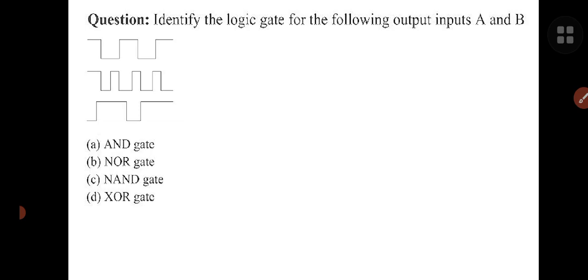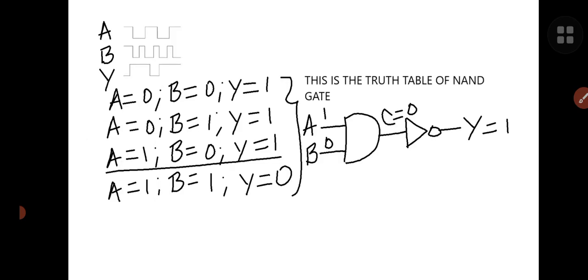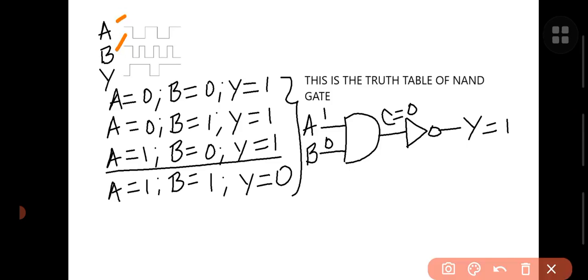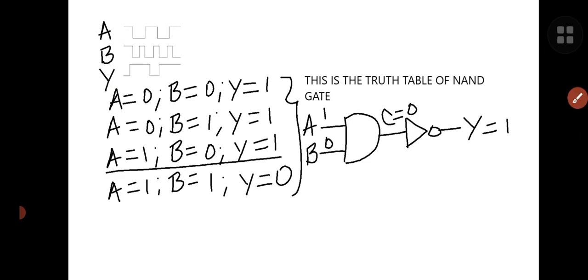Then you can solve the question. Here are the two inputs, A and B, the two inputs for the logic gate. Y is the output. Now moving back to the question.